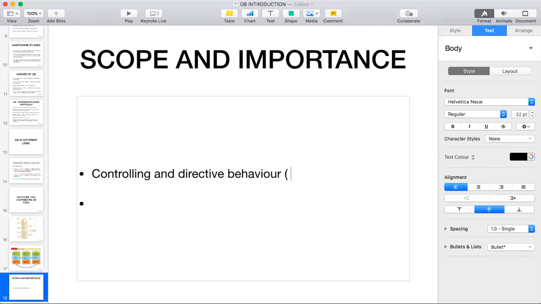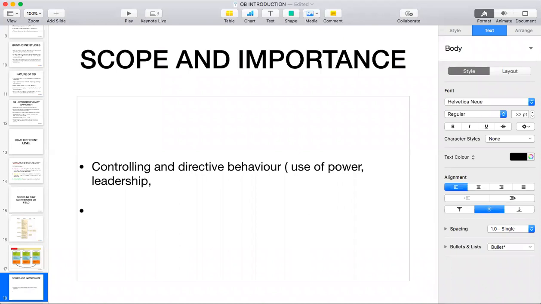So the controlling and directive behavior part comes under use of power, and leadership is again an important part. What else can we consider in this? The communication and better interaction.